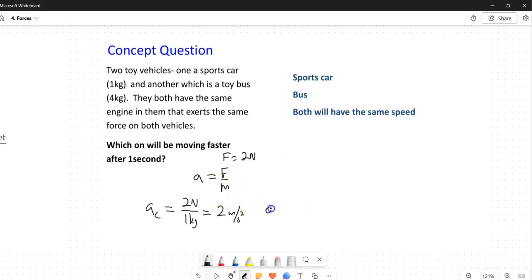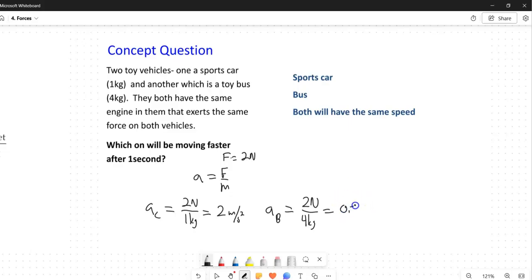The school bus, which has 4 kilograms, is going to have the same 2 newton engine, but it's 4 kilograms. So that means it's 1/2 meters per second squared, or 0.5 meters per second squared.